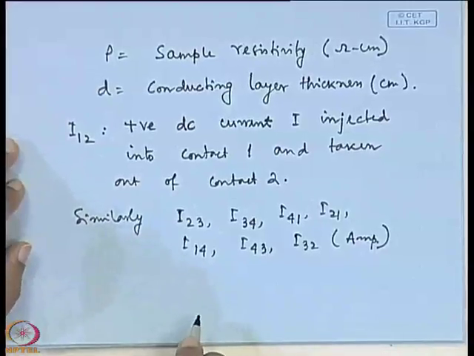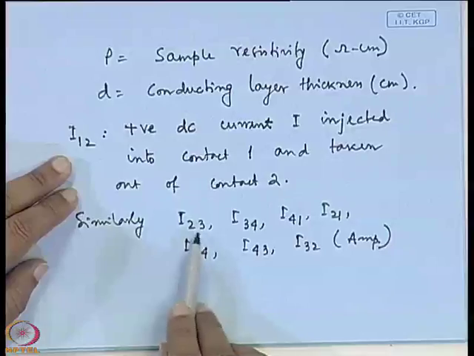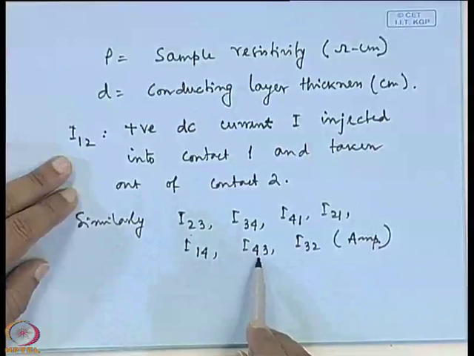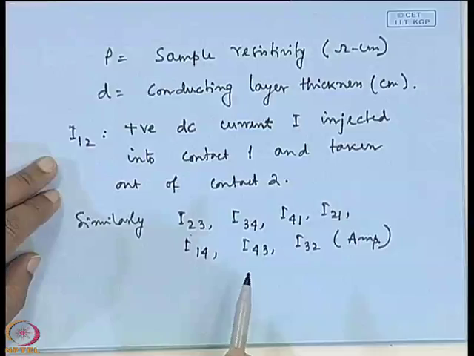How much current do we have? You find 8. I12, I23, I34, I41, I21, I14, I43 and I32. So, 8 currents we have to measure.